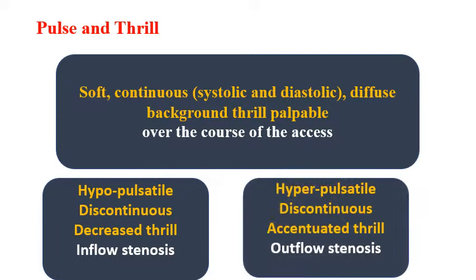If you find that the pulse is hyperpulsatile and the thrill is accentuated or strong, this means there is stenosis in the outflow, which is the vein draining the AV fistula. Again, the artery is the inflow and the vein is the outflow. The artery takes the blood to the fistula, so it's the inflow, and the vein takes the blood out of the fistula or drains the fistula, so it's the outflow.